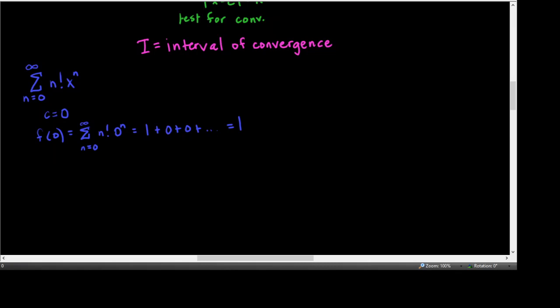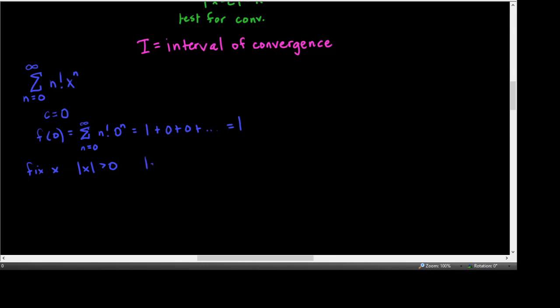Now, let's say that we fix x to be any constant, such that the absolute value of that x is a positive number, so it's not 0.